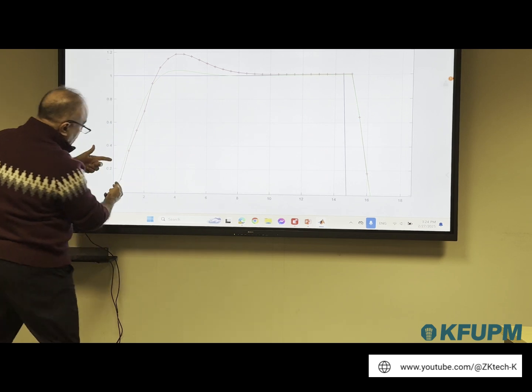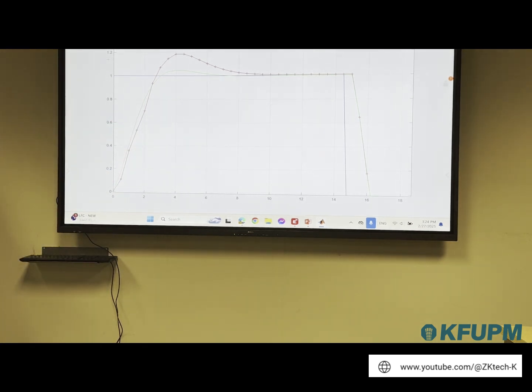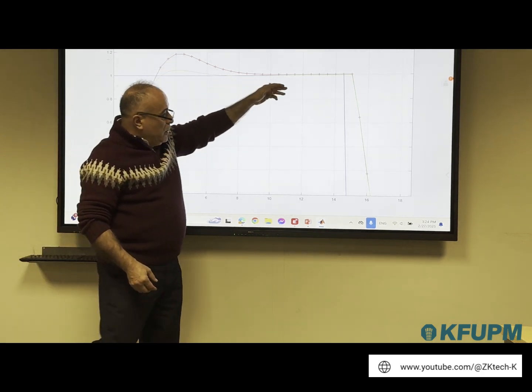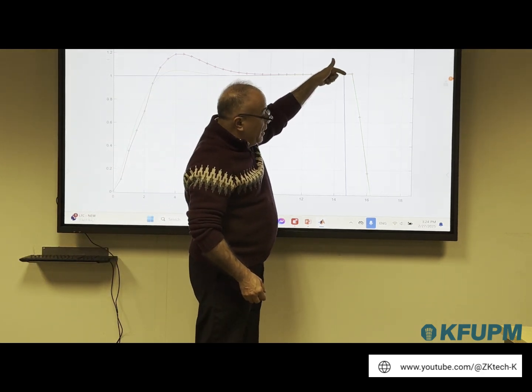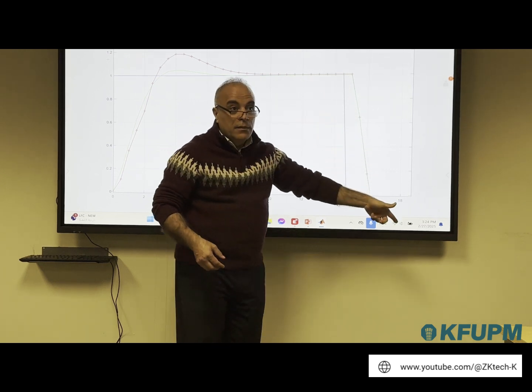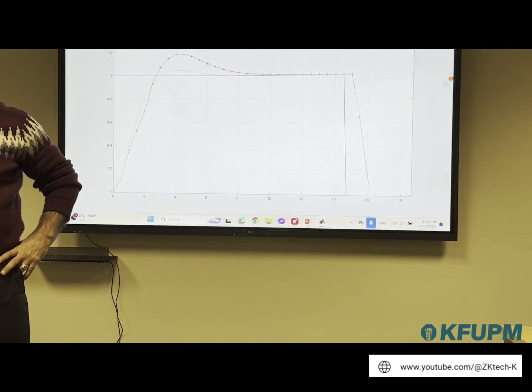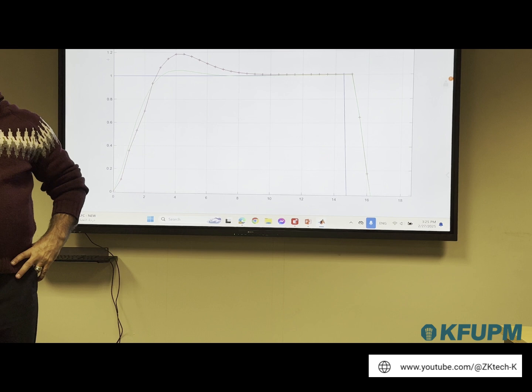You have an error, but you see the system is trying to correct with S over R. The S over R is trying to bring you close. Yes, but it's not enough. You're still having error. You exceed, you come back, and once you achieve your parameter convergence, then you see the error here is almost zero. So you have perfect model following once you converge in terms of parameters. And the signal is beautiful. The output is beautiful.